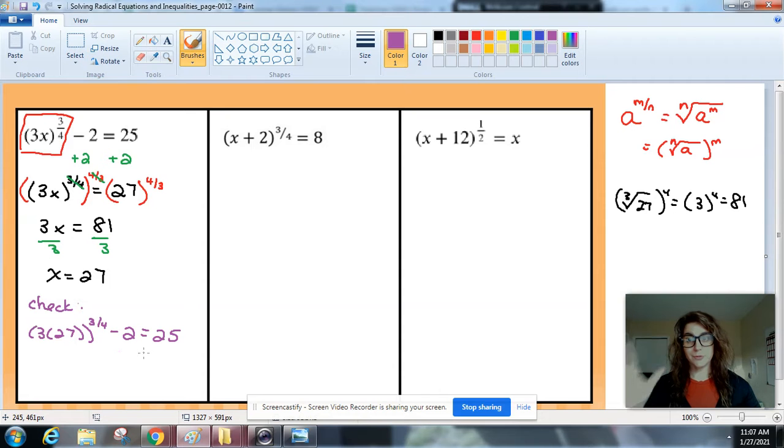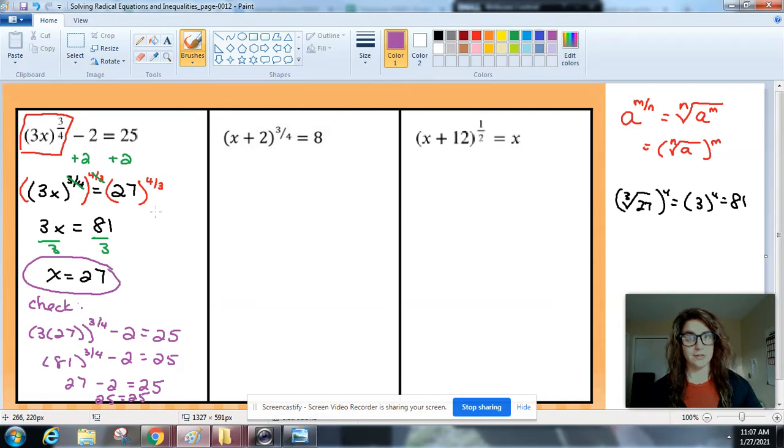Obviously I have nothing to do on the right side, but in this one, we would do 3 times 27 first, get 81 to the 3/4 power. You would then raise that to 3/4. You get 27. 27 minus 2 is 25. So that did work out. So this is my answer. It was not an extraneous solution here.